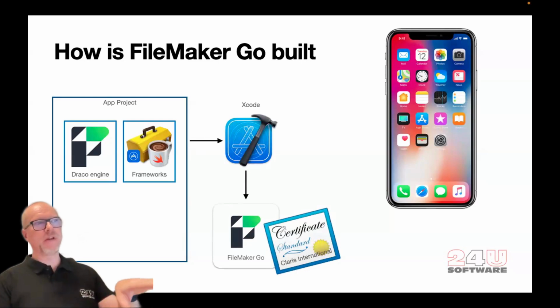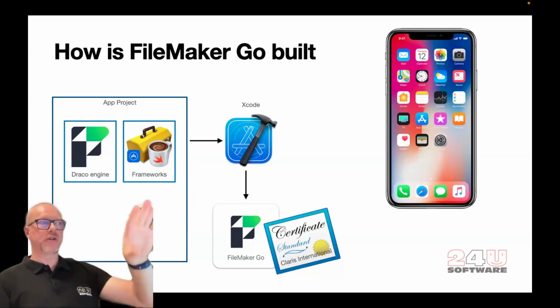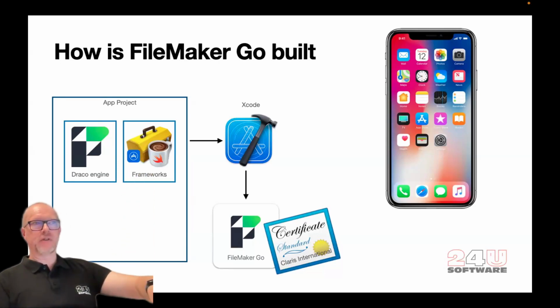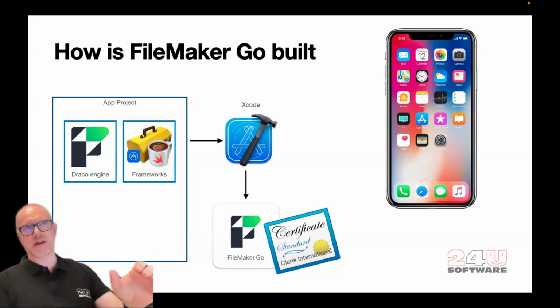So before it can go to the App Store, it is signed by Claris's identity, which is negotiated with Apple and confirmed, so that the app has a signature that it really comes from Claris and no one else. So you cannot push your app to the App Store claiming that your app is FileMaker Go or that you're Claris, because only Claris has the signature and can sign the app.